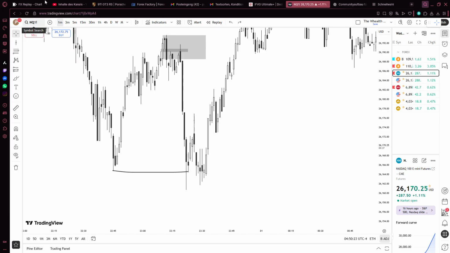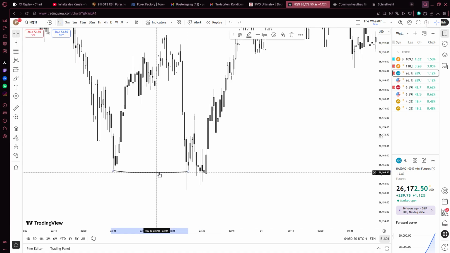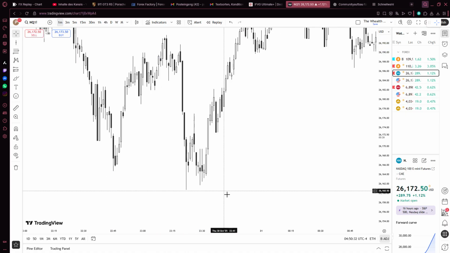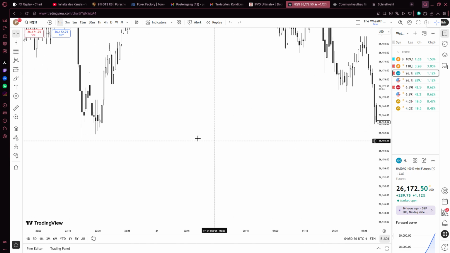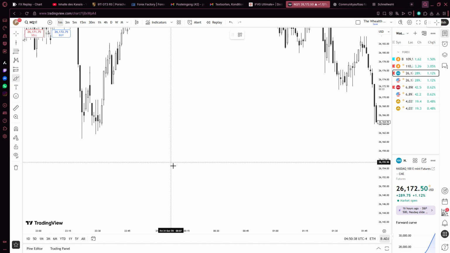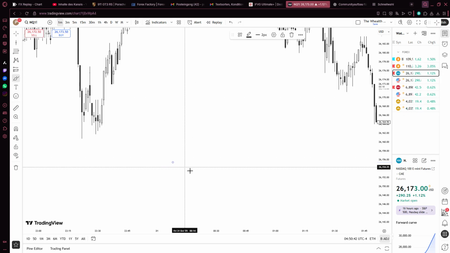Hopefully you understand it. And I'm gonna go over breaker blocks. It's like the exact same but reversed. Okay, order blocks are like this. Breaker blocks are failed order blocks.